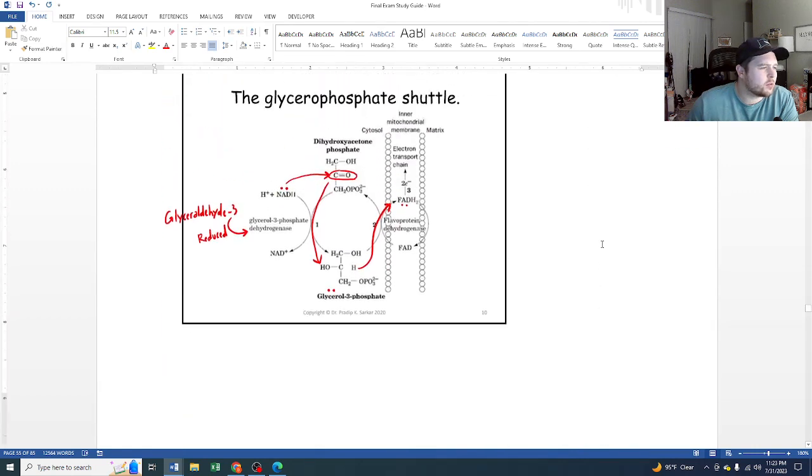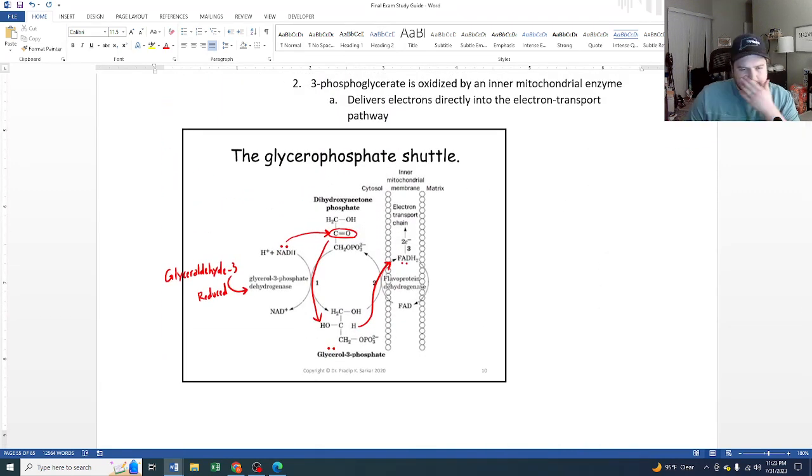If I remember correctly, the glycerophosphate shuttle specifically happens, I want to say in the brain. Let me double check.